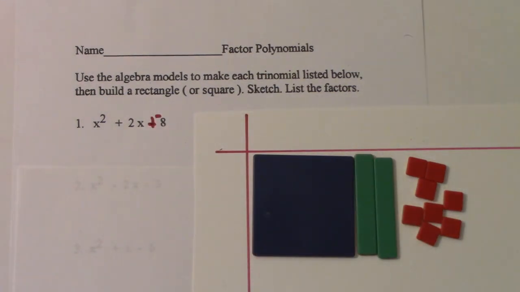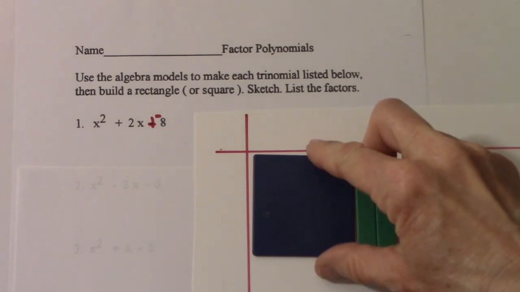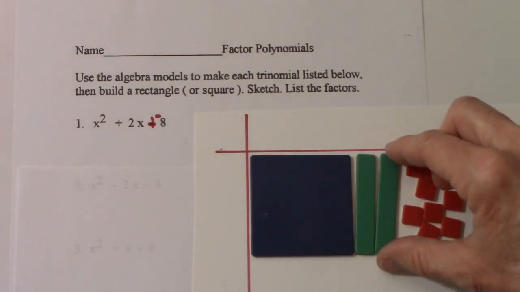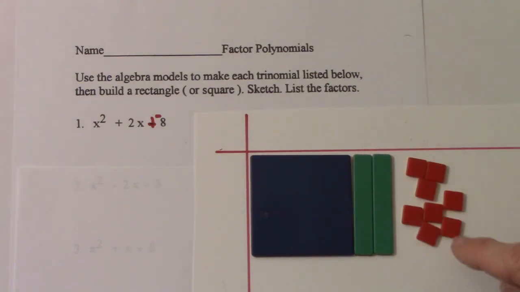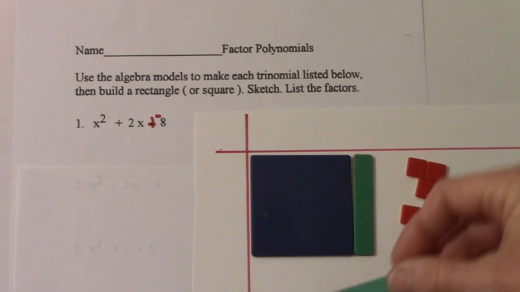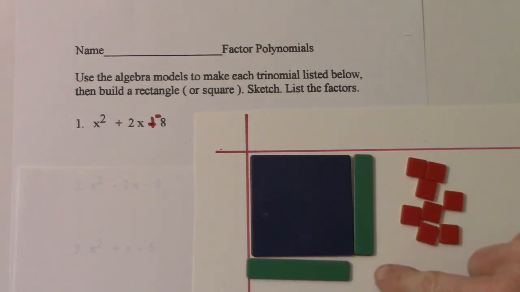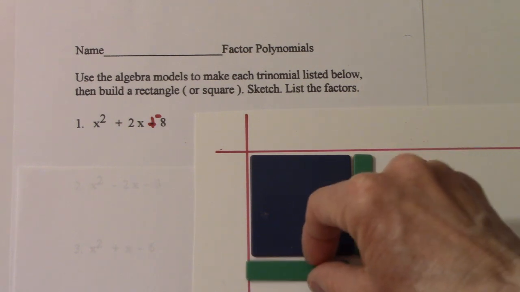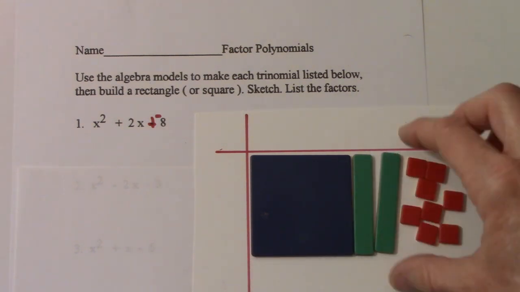And when I build it, you notice I have an x squared, and here's my 2x, and when I go to place in the negative 8 to make a rectangle, I can't. And even if I put one of these here and I put one there, the most I can place in is a 1. So it doesn't work.